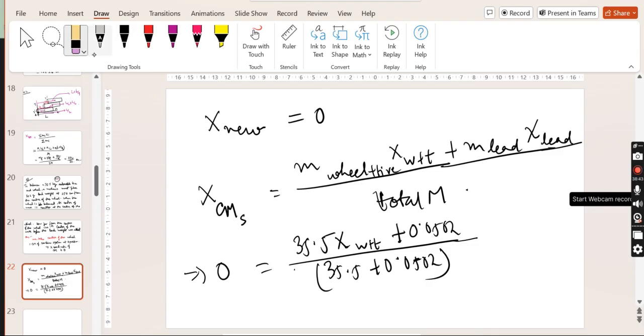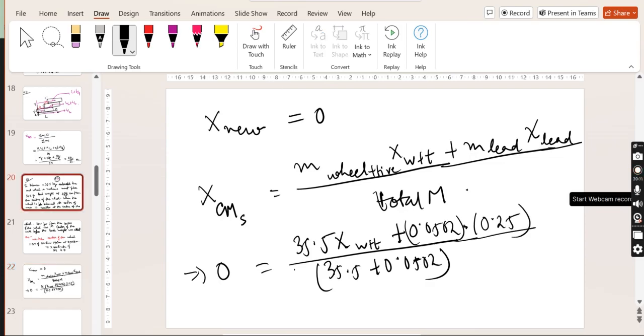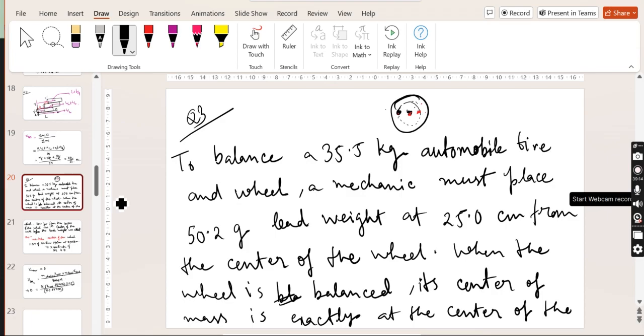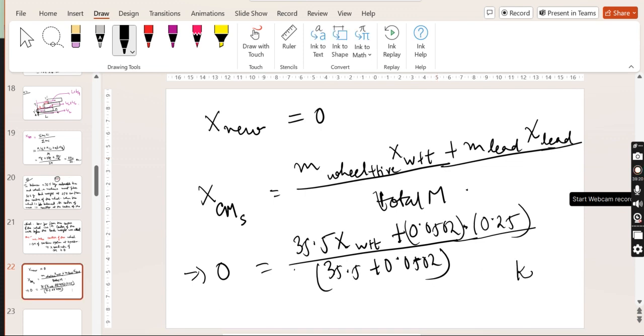Let us see whether we get the position of the wheel and tire center of mass as negative or positive. Positive means they are on the same side of the center of the wheel. Negative means they are on the opposite side of the center of the wheel. So x lead is 0.25 meter, because we are following kg into meter.